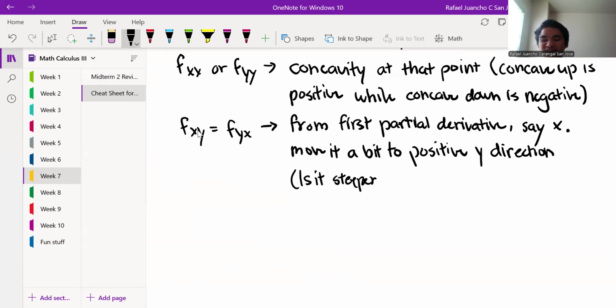Then here we're asking, is it steeper? Let's say the first derivative is negative.